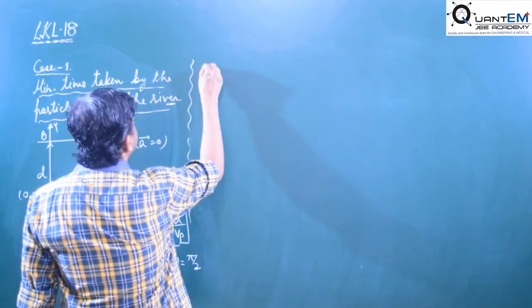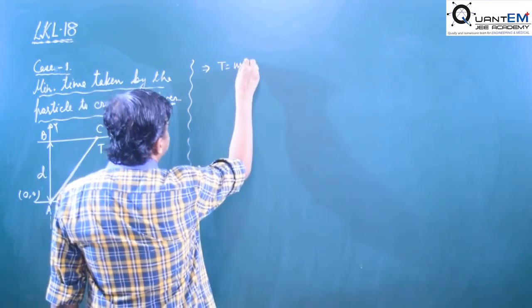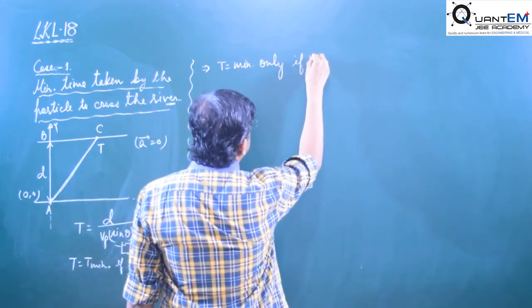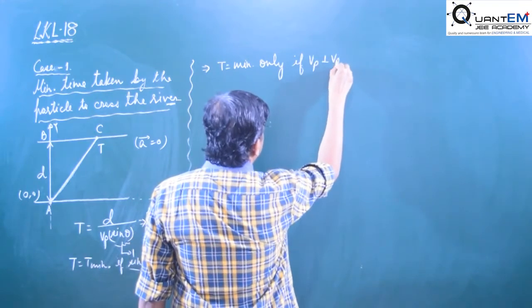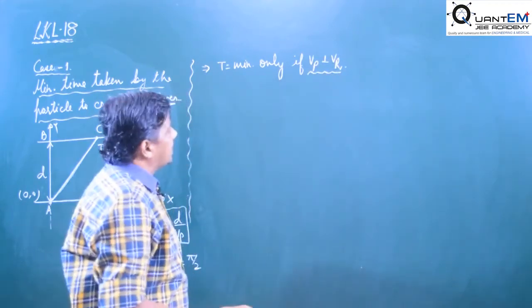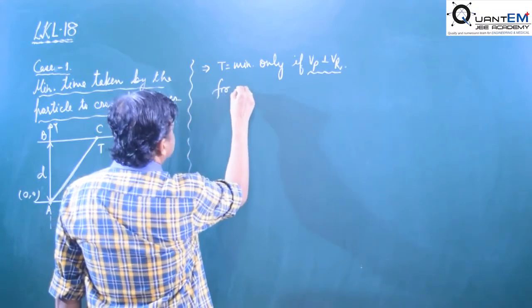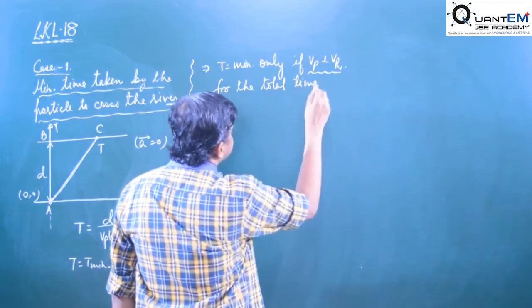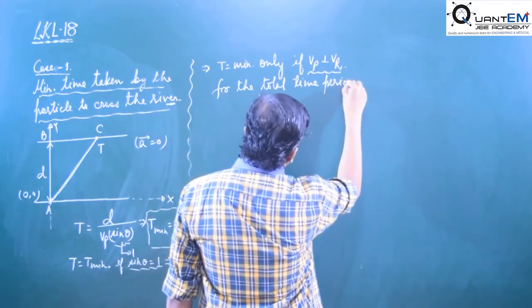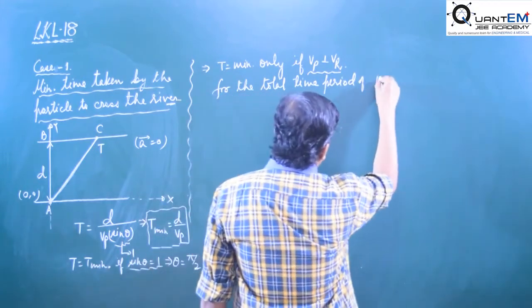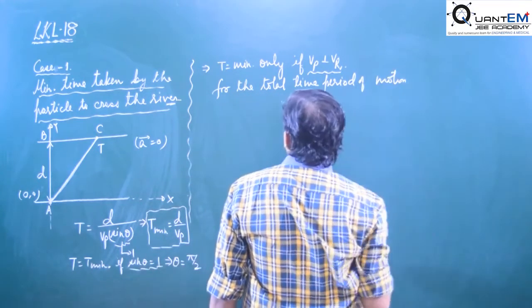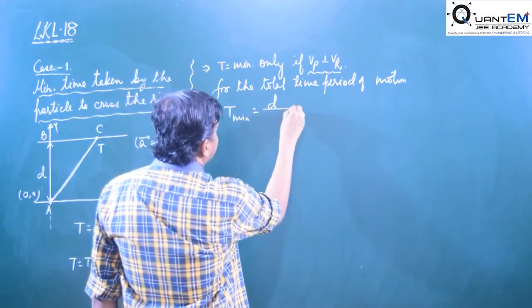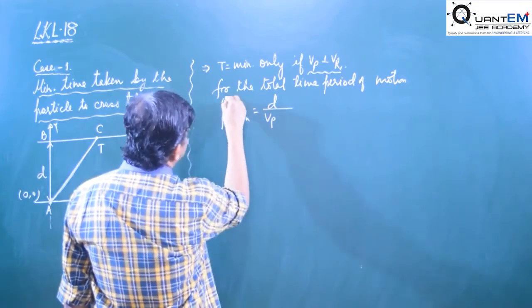That implies that t is minimum only if Vp is perpendicular to Vr for the total time period of motion. Okay, and what is the value of minimum time? So the minimum time we have is d divided by Vp sin 90, that is simply d by Vp.